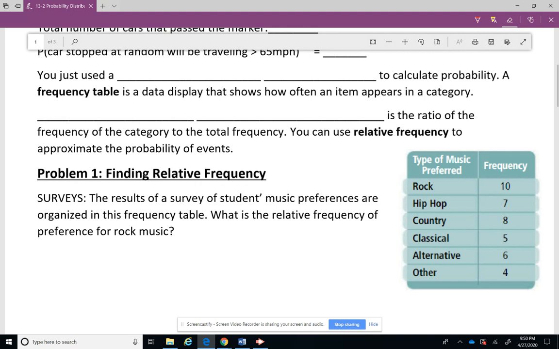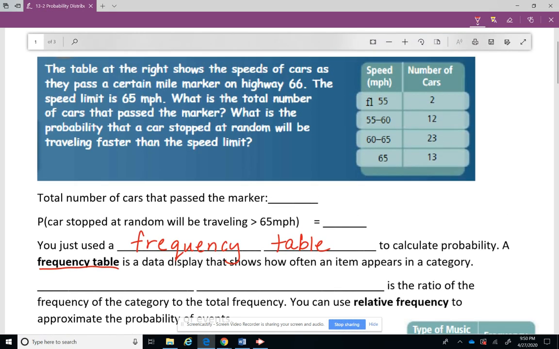So you just used a frequency table to calculate probability. A frequency table is a data display that shows how often an item appears in a category. So here we have the category. These are the number of cars that did the certain amount of speed. So you see how often different cars went different miles per hour.